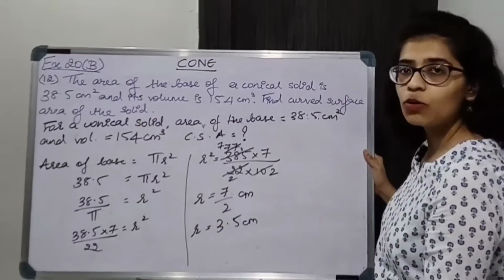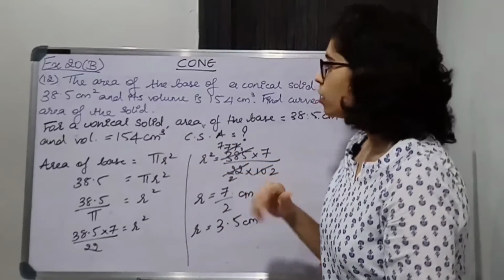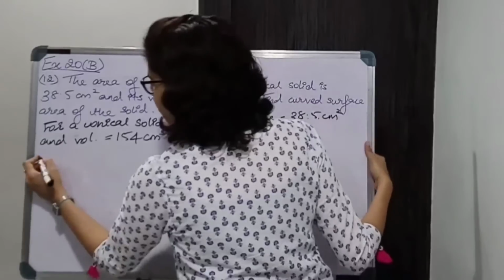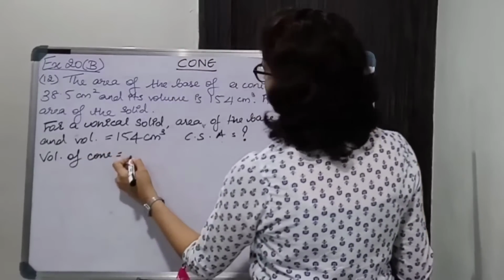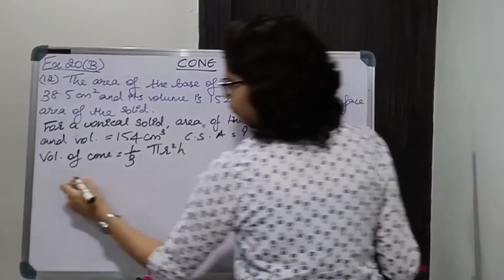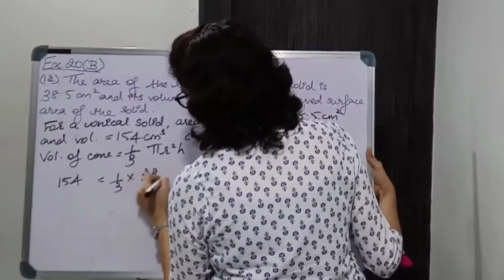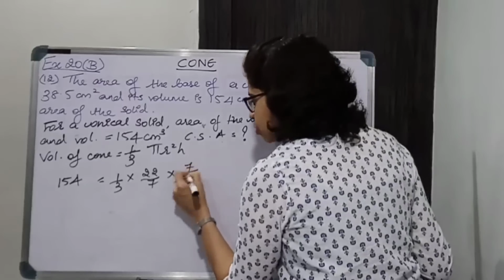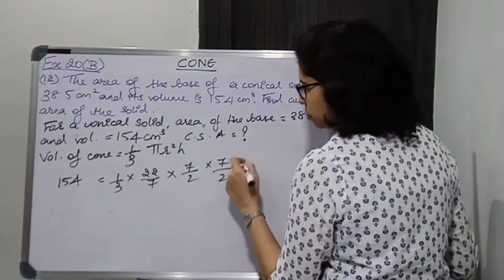okay, we found r. Now we need to find h, we'll get h from the volume, so let us substitute the formula, ठीक है, volume of cone is equal to 1 by 3 pi r square h, and we are given 154, so 154 is equal to 1 by 3 into 22 upon 7 into r, we just got 3.5, or you can keep it 7 by 2, so 7 by 2 substitute कर सकते हैं, instead of using decimal, fractions would be easier.